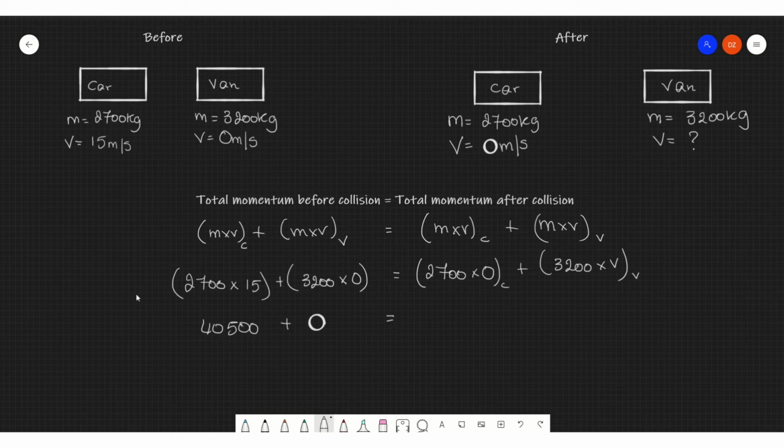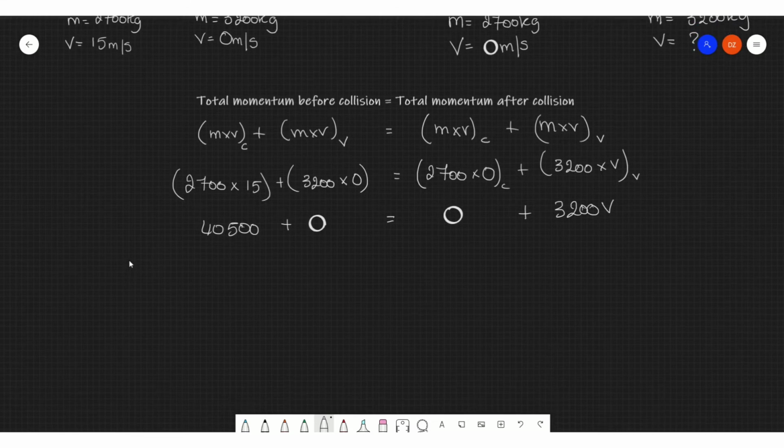Same thing here, 2,700 times 0 is equal to 0 because anything times 0 is 0, plus 3,200 V. We simplify this part, so we end up with 40,500 is equal to 3,200 V.